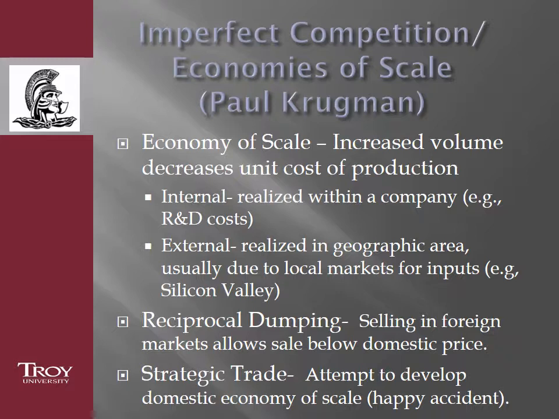Maybe there are two producers of large jets. There's nothing in this economy of scale to say it should be one in the United States and one in Europe. It's just that there can be only two. It's not quite Highlander. There can be only two or three or whatever. And the thing is, where do you get these? Very often, happy accidents can be the result of this.